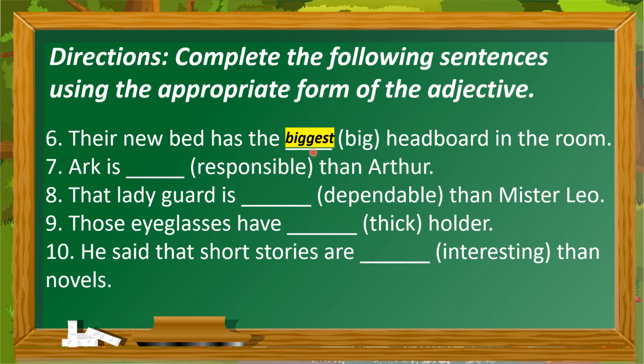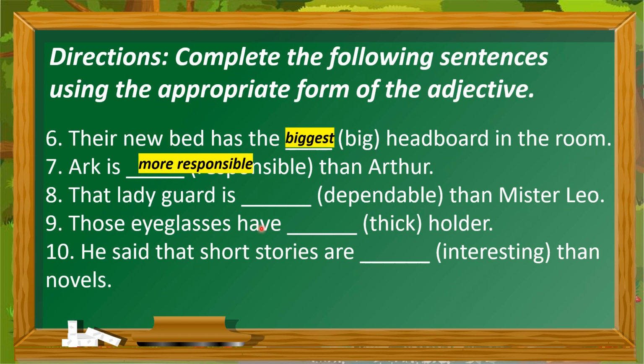So meaning to say there are lots of beds in that room. So it is under superlative degree. We added est at the end. Alright, so next one. Number 7. Ark is blank responsible than Arthur. So we are comparing Ark and Arthur. So it will become more responsible.